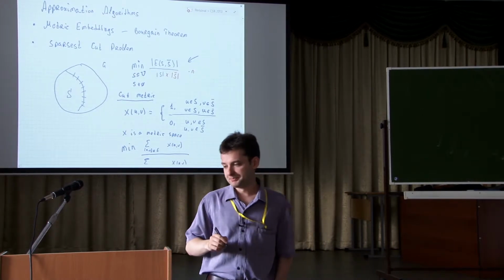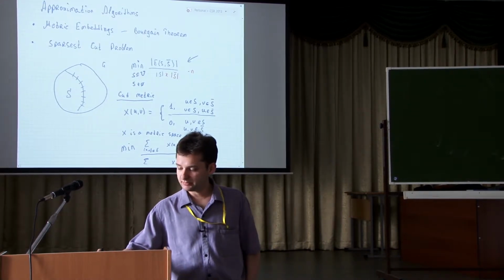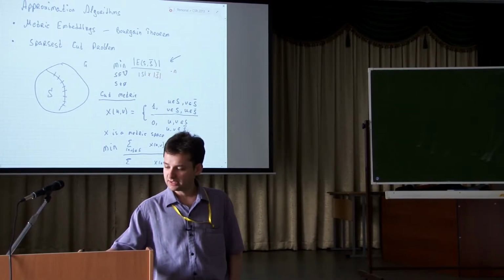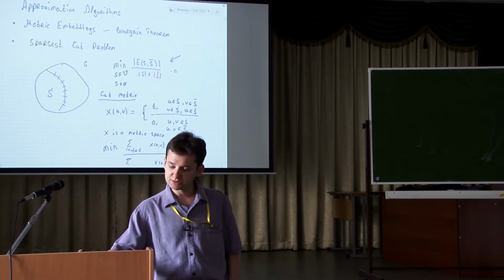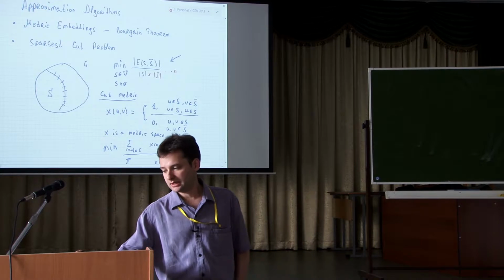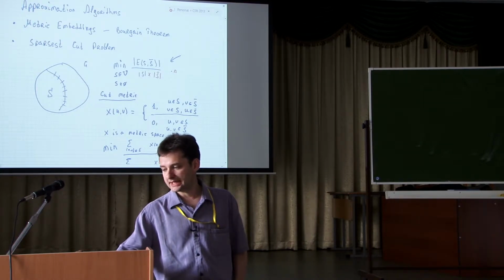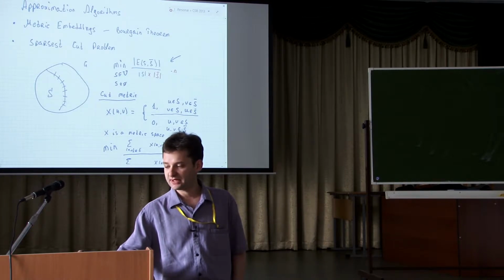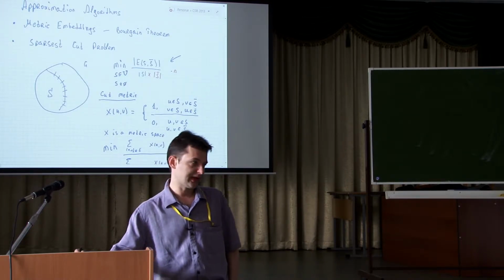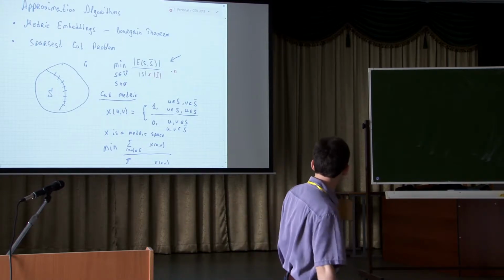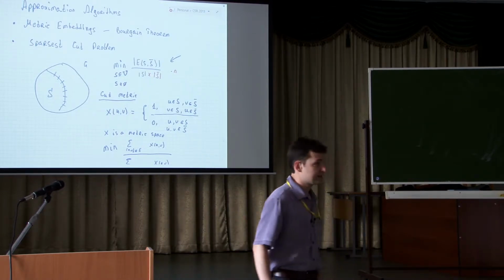And since the complement of the set S always has size between n/2 and n, we can as well multiply this expression by n over the size of S complement. And so we may change the value of this function by a factor of at most 2, and we won't care about constant factors anyway.